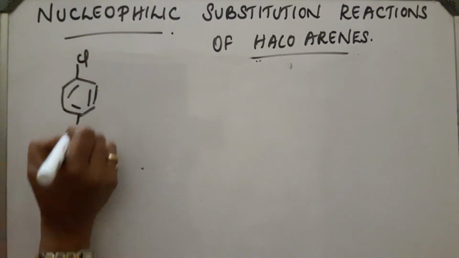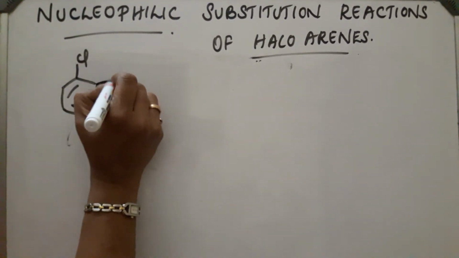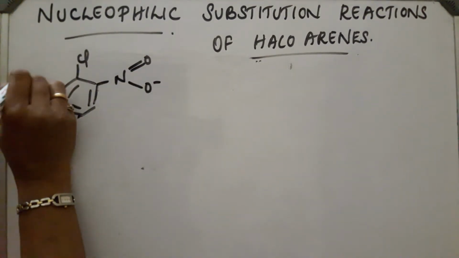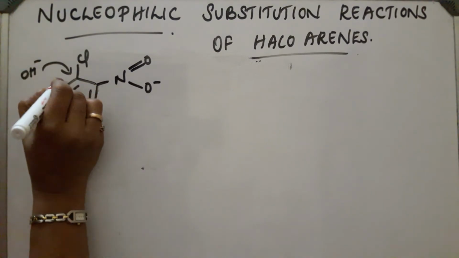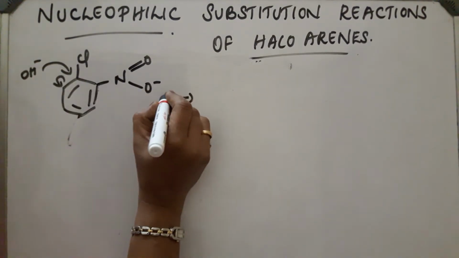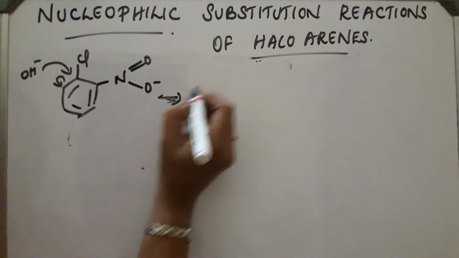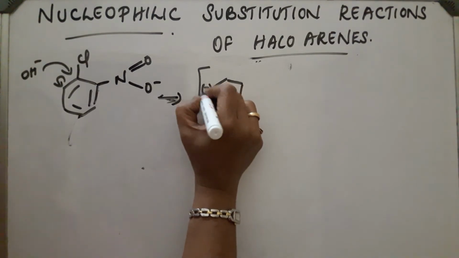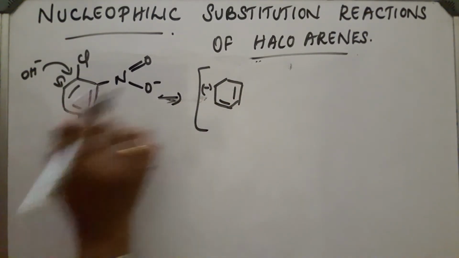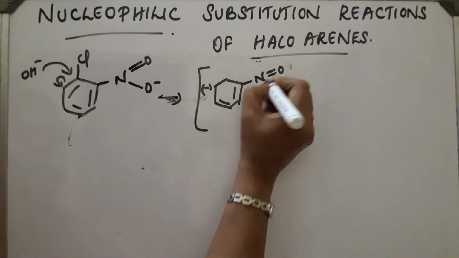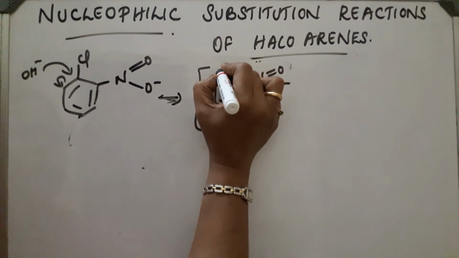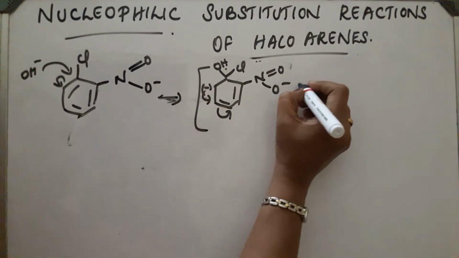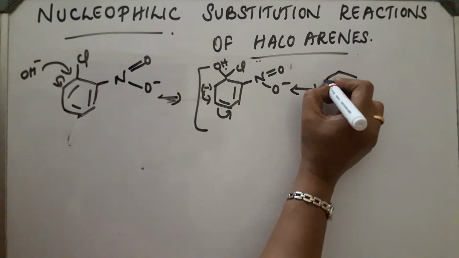OH minus will come and attack here and shift here. So the different resonating structures will be like this, with the minus charge, NO2 here, OH, Cl. It moves here, then the next structure.